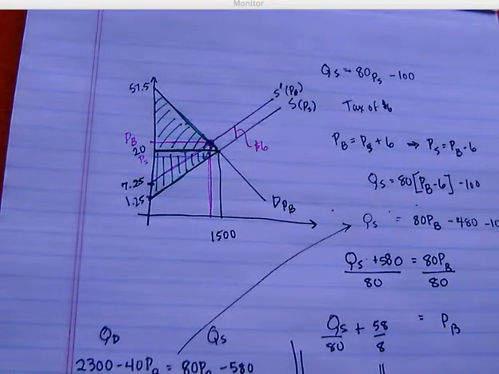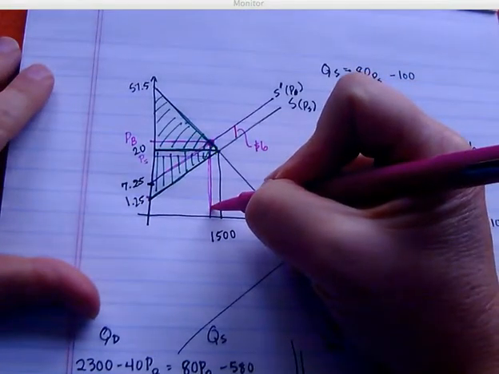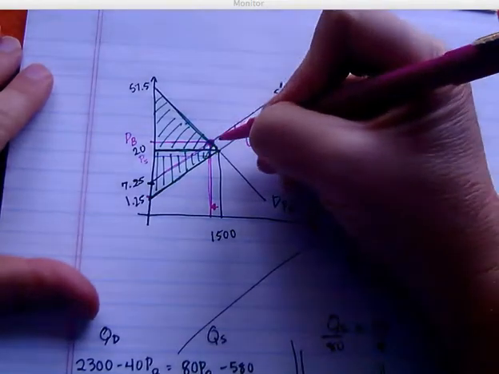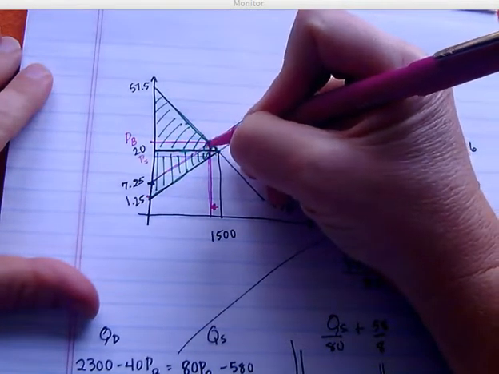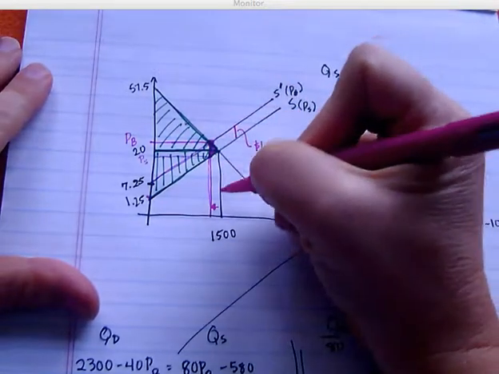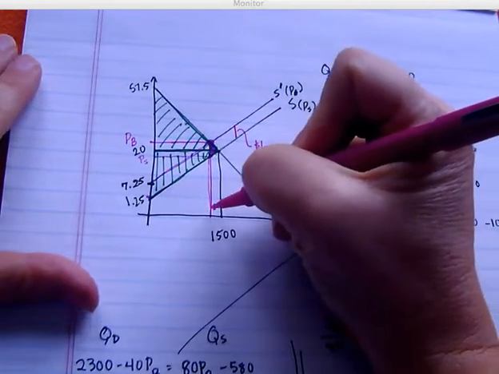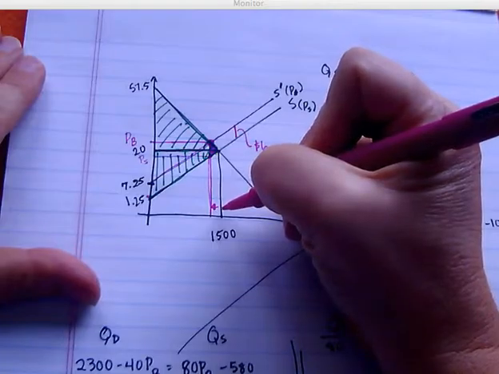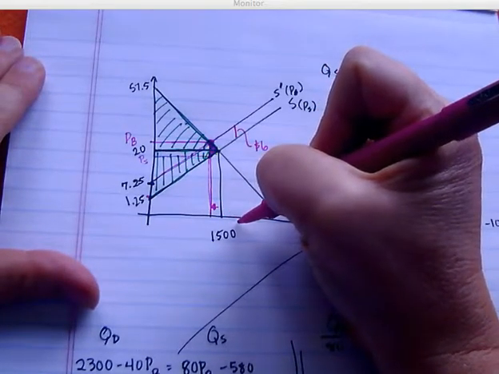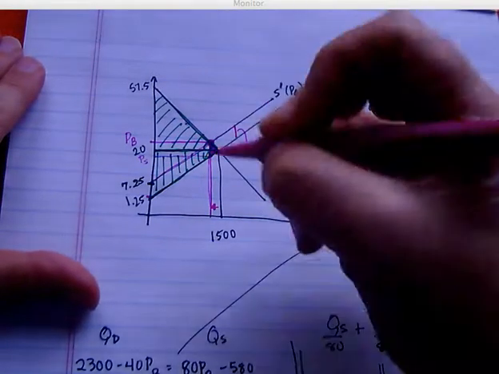Now what's happened with the tax? Well, really what the tax has done is it's decreased the amount that we are going to consume, right? And so we're going to look at what's that lost surplus. That lost surplus is this amount here, right? It's the area of this triangle where the base is the difference between how much was purchased and how much is purchased under the tax.